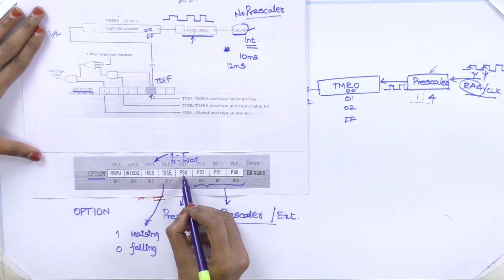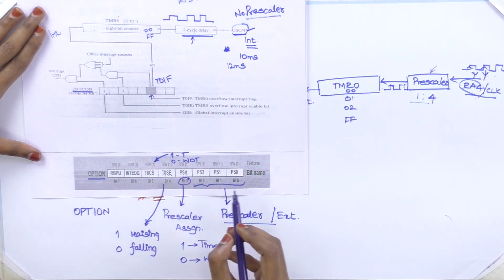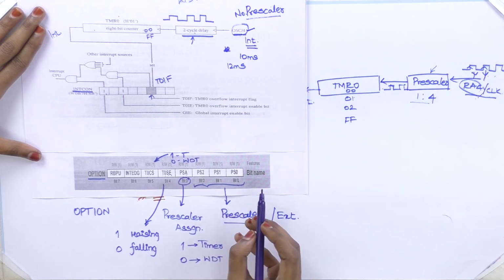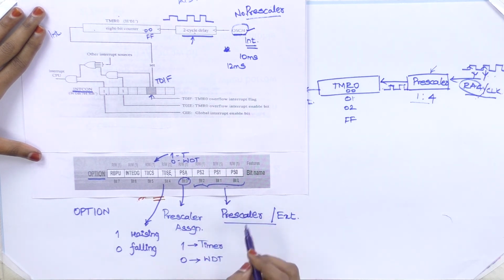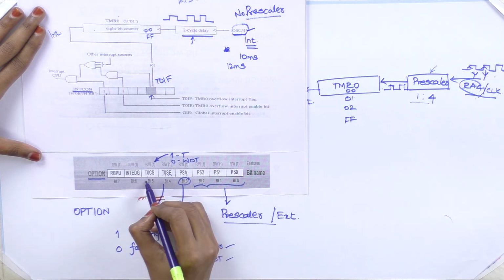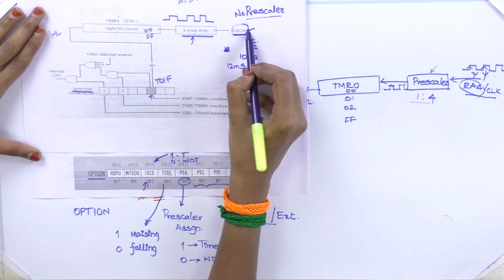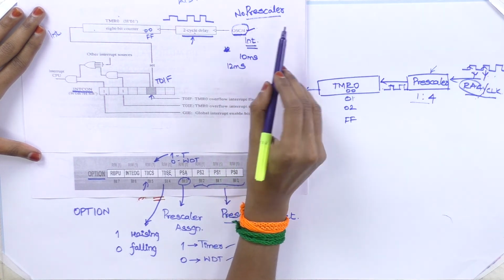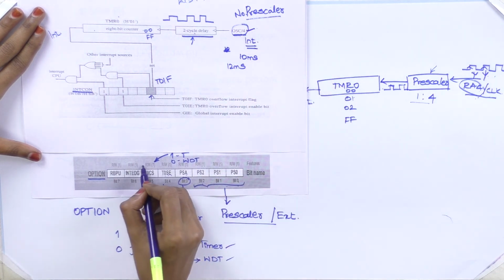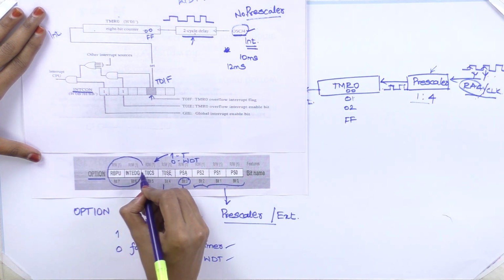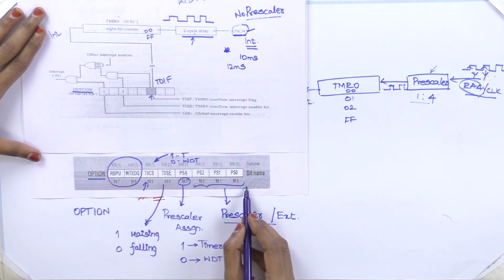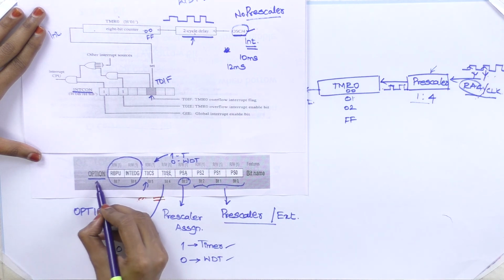Bit number 2 will define the prescaler assignment, whether we are using this prescaler value for timer 0 as a timer or for watchdog timer. This will define whether we are using this clock for timer function or for the watchdog timer. These 2 bits are not necessary as of now, you just need to know these bits of the option register.